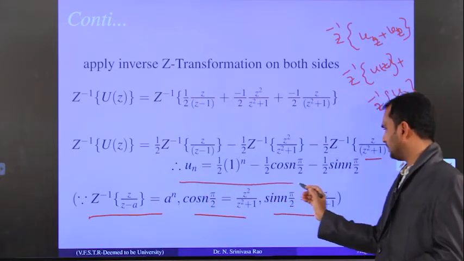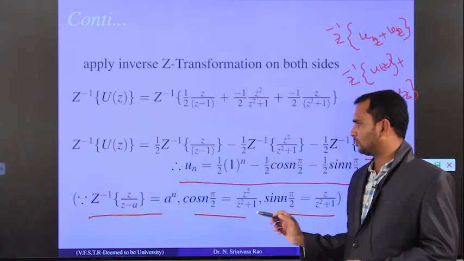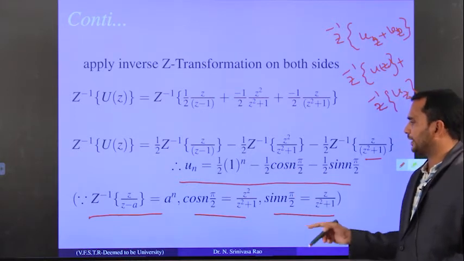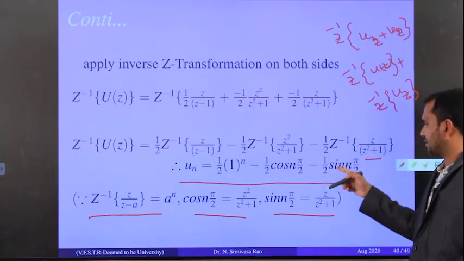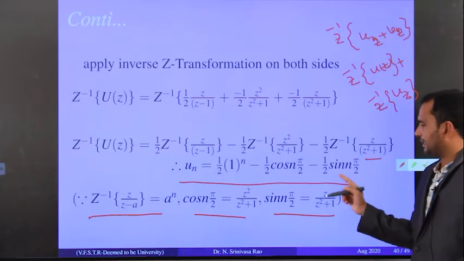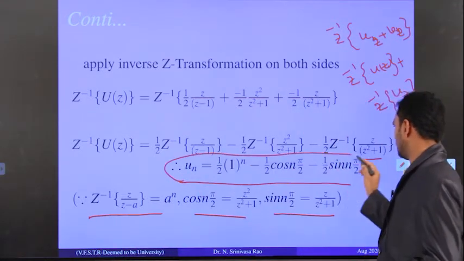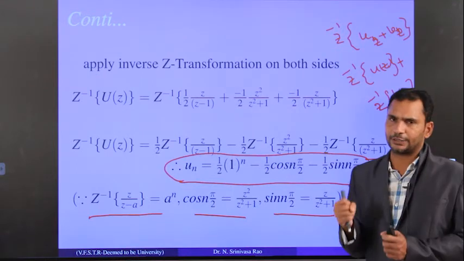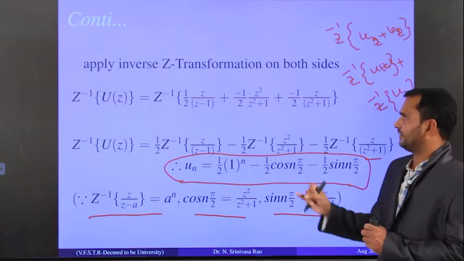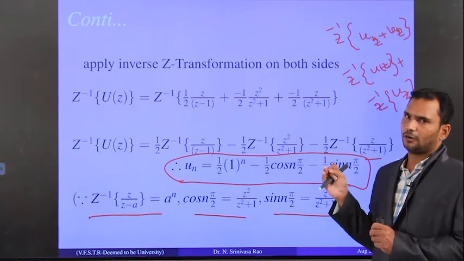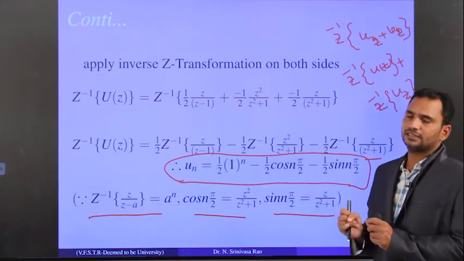So un equals 1 by 2 into 1 power n, minus 1 by 2 into cos n pi by 2, minus 1 by 2 into sin n pi by 2. Therefore this is our required answer. Clearly, when you are finding Z inverse of any function, there are three major steps involved.